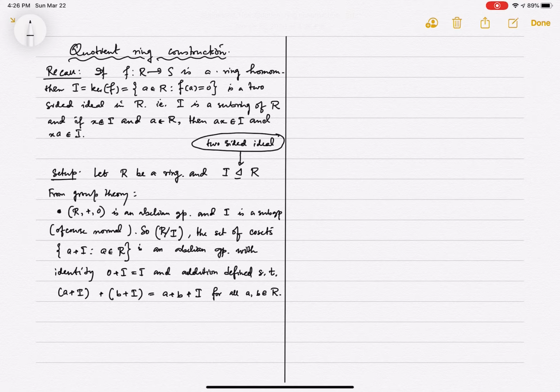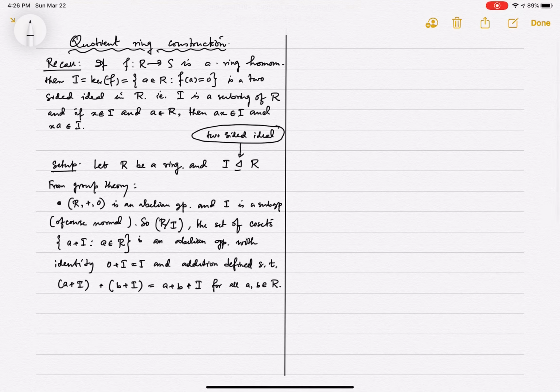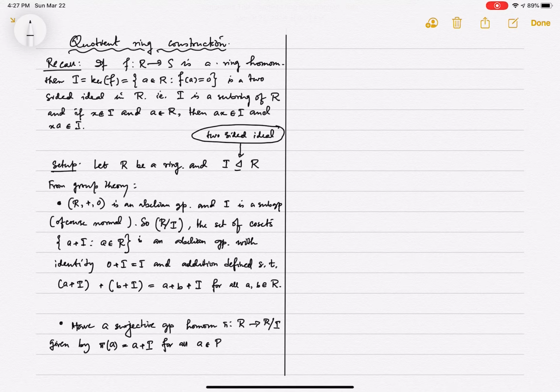Also from group theory, we have a surjective group homomorphism pi from this abelian group to the abelian group R mod I, given by pi of A is the coset of A, for all A in R, and the kernel of this homomorphism.